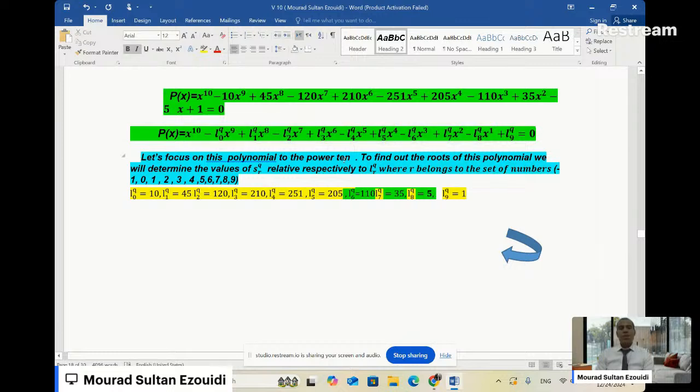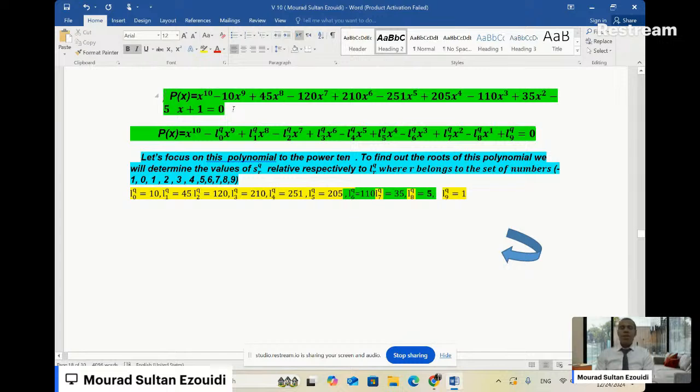You can see this is of power 10 because the highest power is 10. You can also apply the remainder theorem, the factor theorem, the rational root theorem, or even Newton's method in this kind of question, because it will lead you to all the answers.